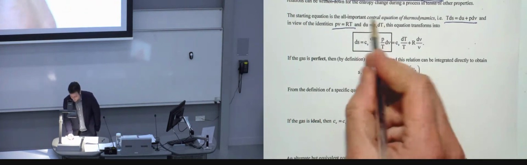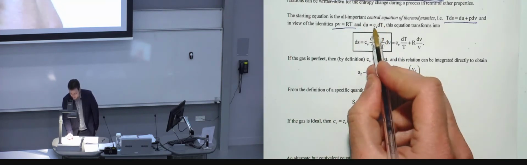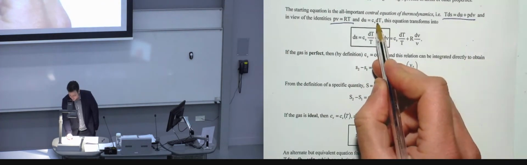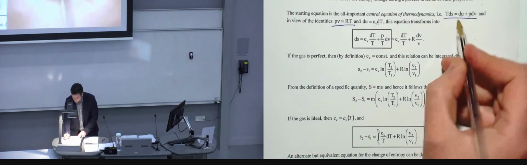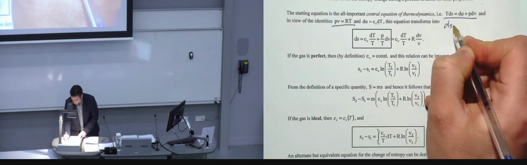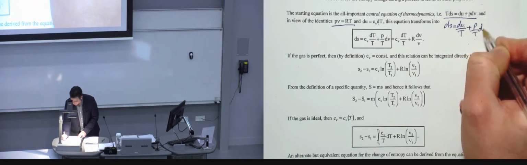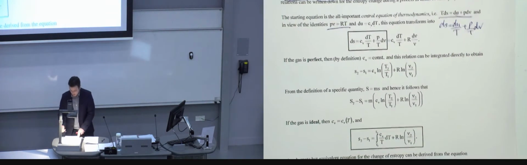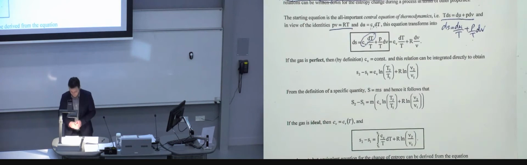On the previous page, I just explained how we found the definition of Cv, which was du/dT. Therefore, this allows me to replace du with Cv dT, which I've done here. So, I'm now writing this as ds equals du over T plus P over T dv. So, I've divided the right-hand side of the equation by T, and I want to replace du by Cv dT. So that's what I've done. That is my du.